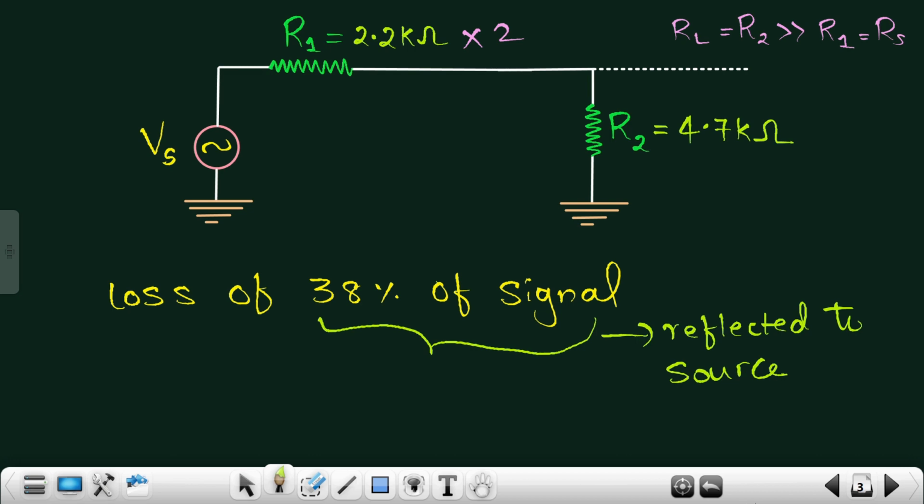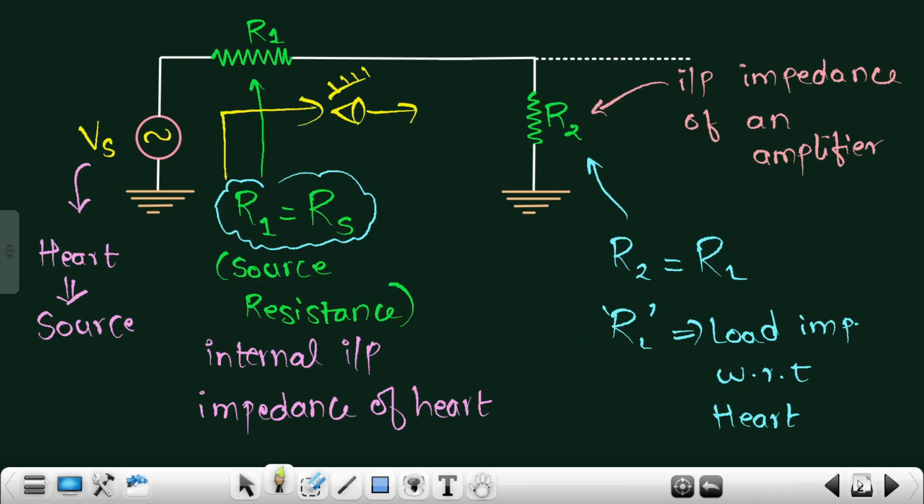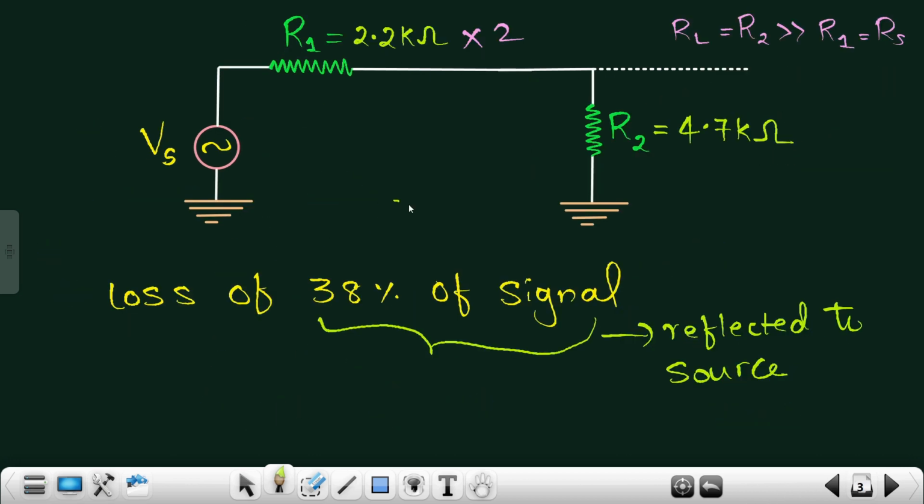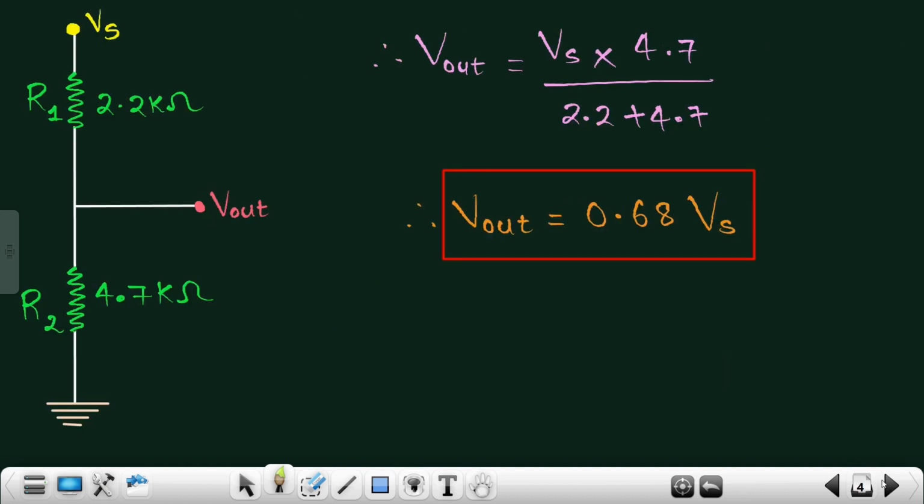Again, I'll repeat. I had taken some random numbers for these two resistors, and then obviously I performed the voltage divider rule, and with that I got a certain value for V out.